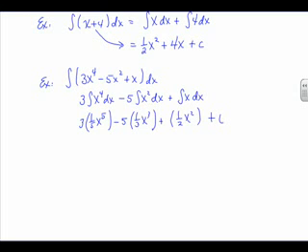You don't have to do that. If you add up all your constants, you're going to get another constant, so it's absolutely okay with me if you just write plus c at the end. So our final antiderivative is 3/5 x to the 5th power minus 5/3 x cubed plus 1/2 x squared plus c.